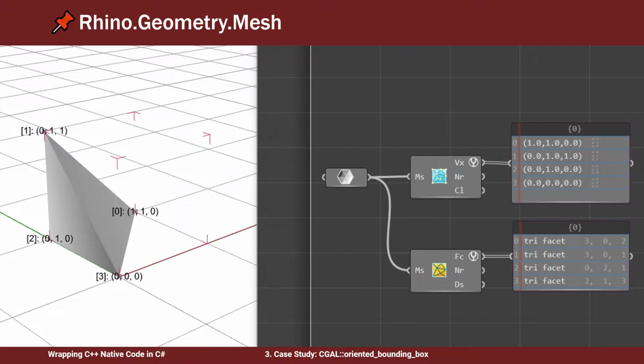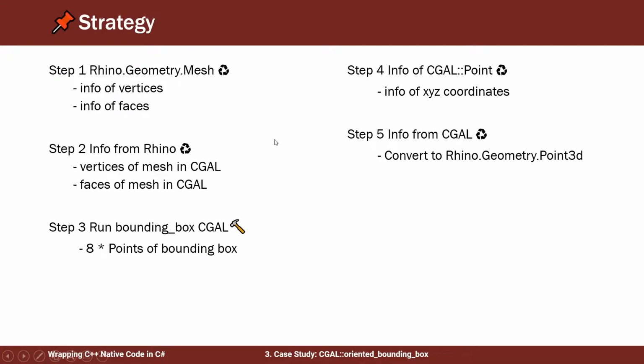So let's design the algorithm and procedure. Here I made a diagram of all the steps we need to do. The first step is to extract all the information from the Rhino side, including info like vertices and faces. Next, we convert the info from the Rhino mesh to a CGAL surface mesh. We then run the bounding box algorithm in CGAL.